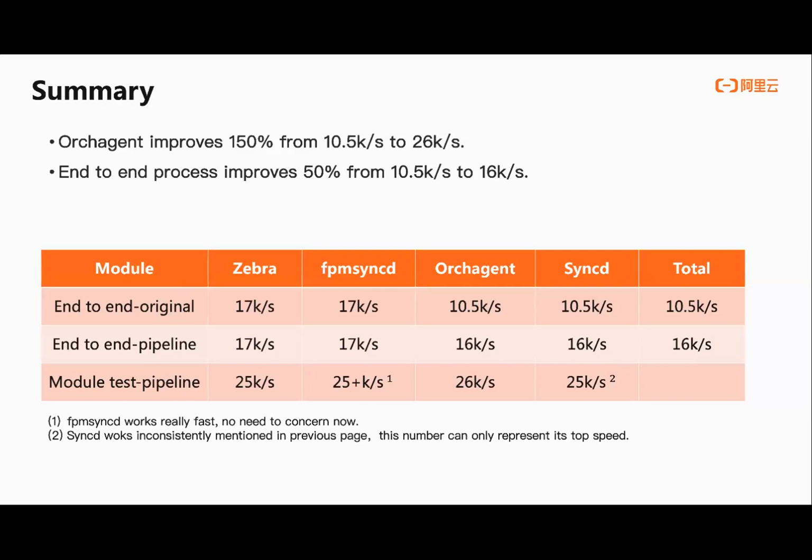Okay, so FPM SYNCD is actually writing into the AppDB, but nobody is consuming that from the other side. Yeah. And when we say Orchagent, it is receiving from the AppDB, but it is not writing to SYNCD. It writes to SYNCD, but nobody is consuming from SYNCD.